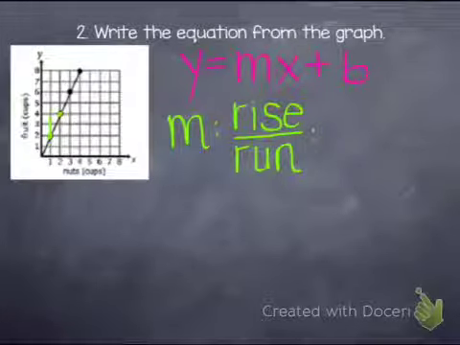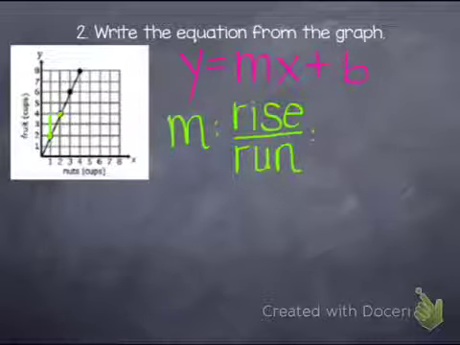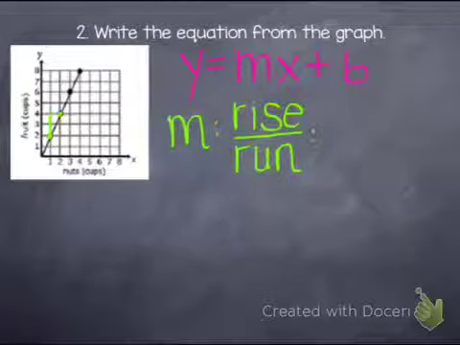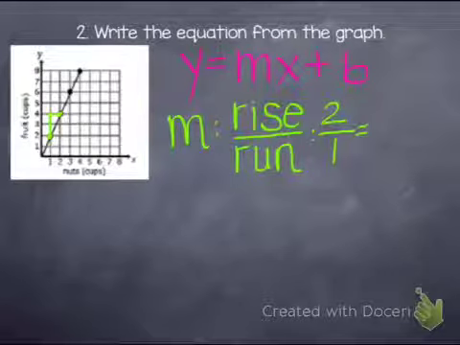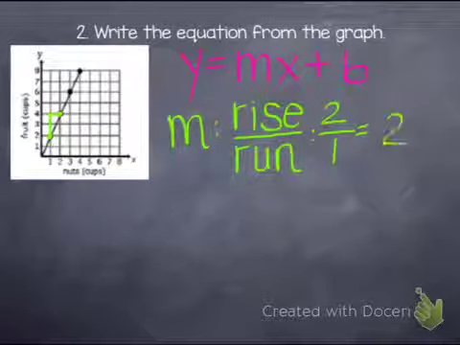So from the point on the left, we're going to rise up 2. And then to get to the next point, we're going to run just 1, which gives me a slope of 2 over 1, which simplifies down to just 2.